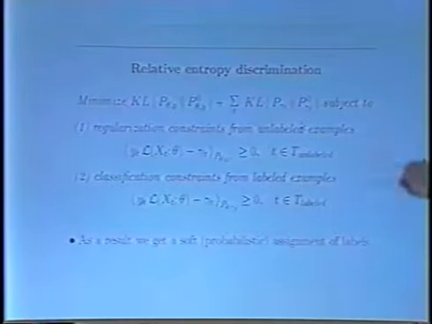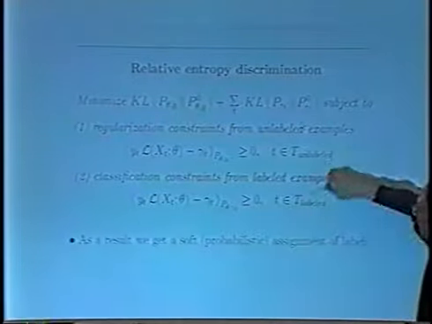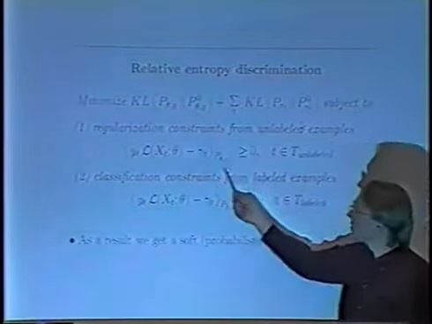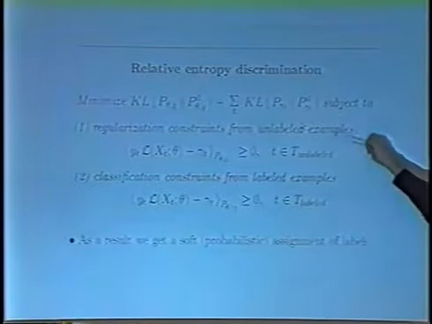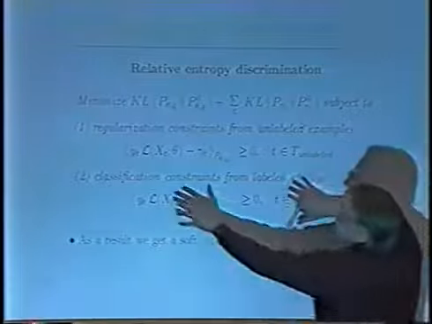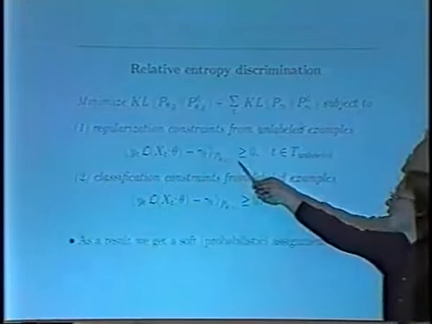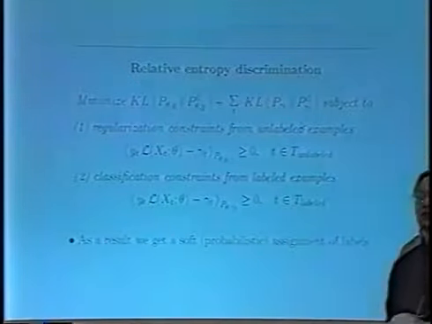Okay, so just a little bit more formally, no need to understand the details, but there are two things going on here. One is the regularization bias that comes from the unlabeled examples. I can express them as constraints of this form, where I'm now also averaging over the uncertainty about the labels. So in this approach, you average over all quantities that you're uncertain about.